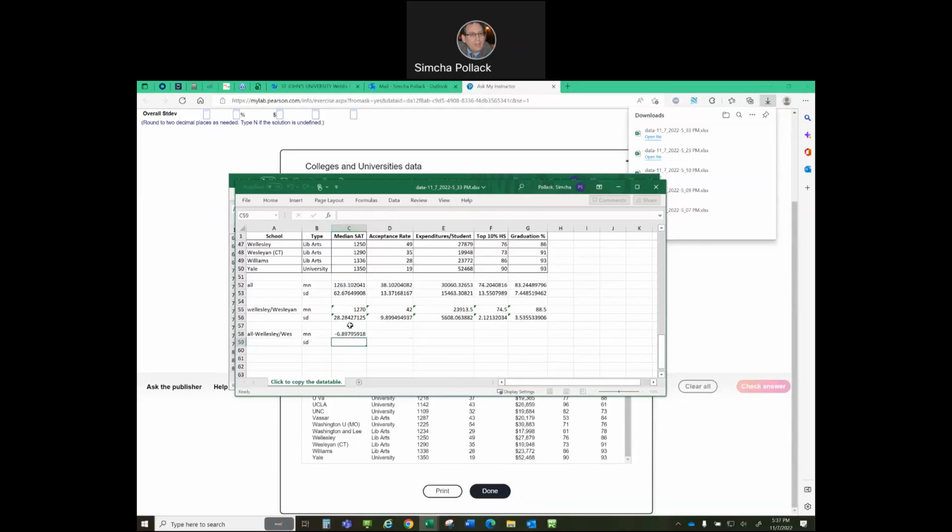And they also ask you to see how far apart the standard deviations are. So 162 take away 68. So we can do C53 take away C56. Oh, very wrong.